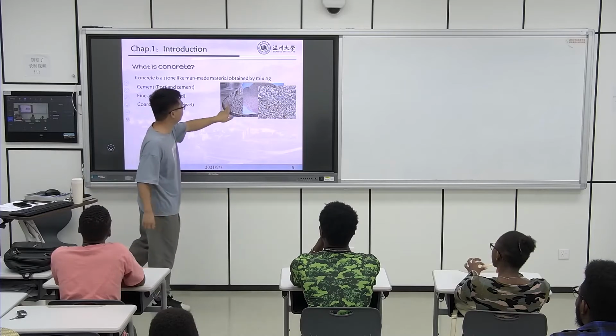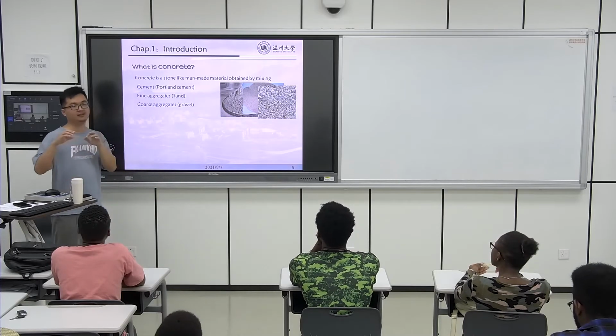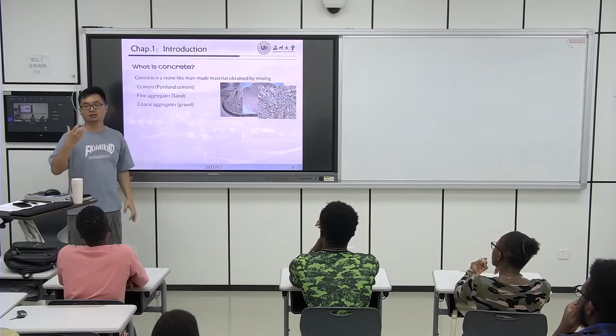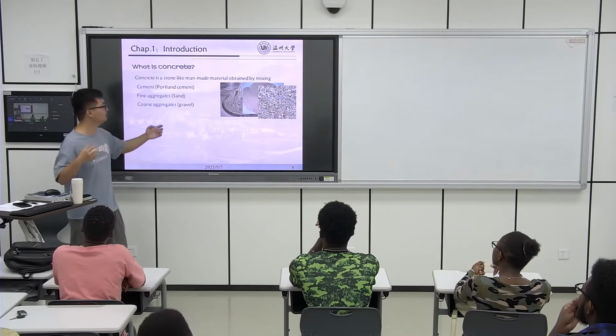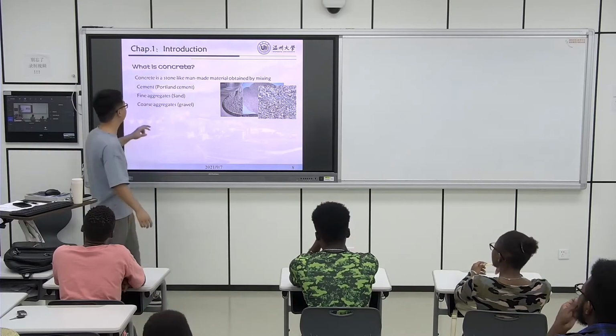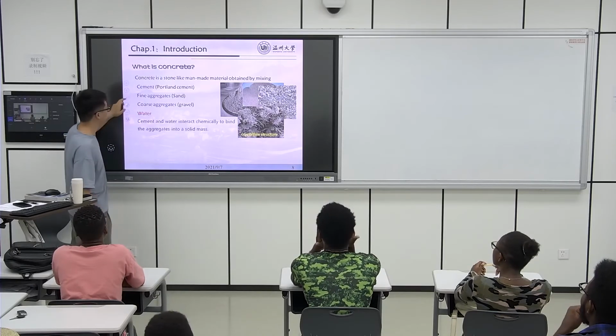This picture shows the cement. Cement is a really complicated material, but we know it's just like glue. It combines these things together. Also, really important is the water.